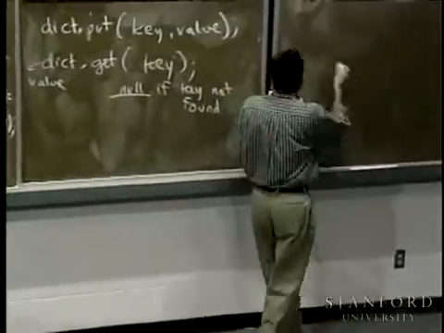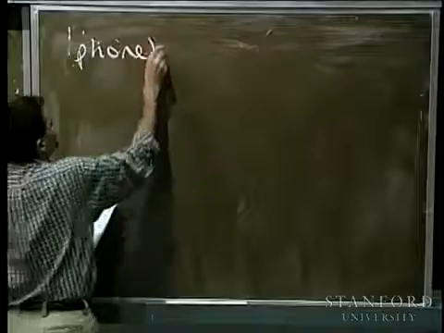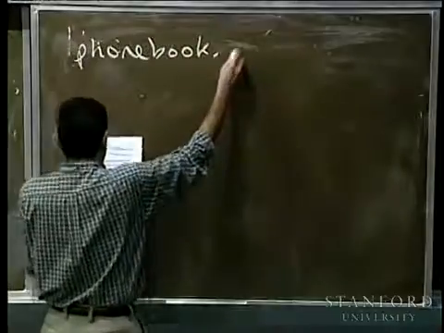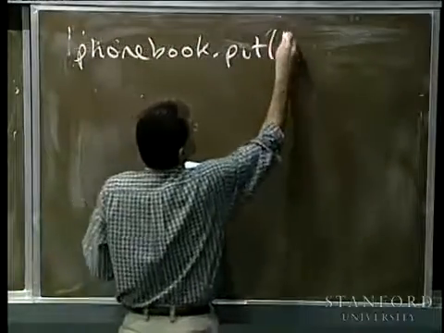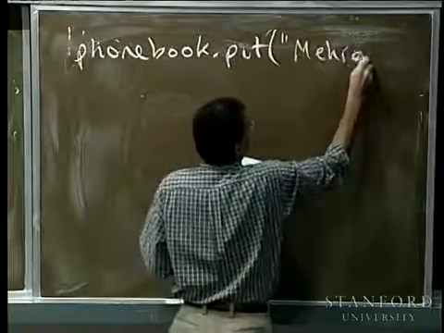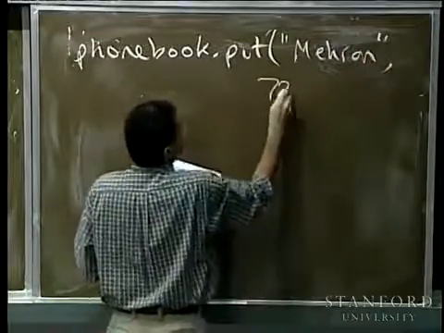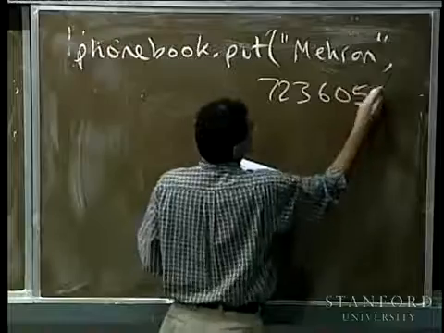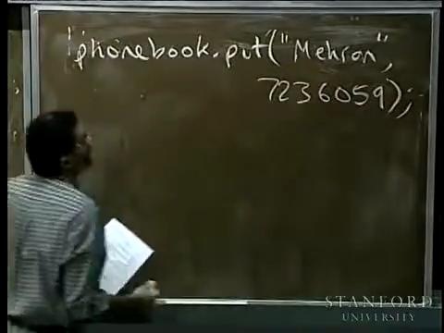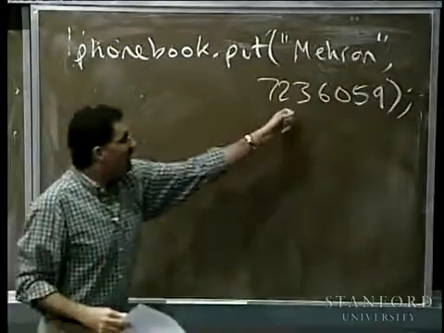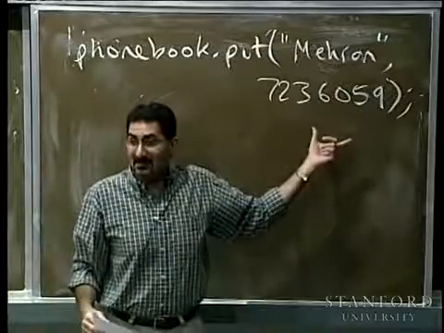All right, so let's create a little hash map, add a couple values to it. If I had my phone book, I could say phoneBook.put, my number, 723-6059. So that's just going to put this thing, which is an int, right?